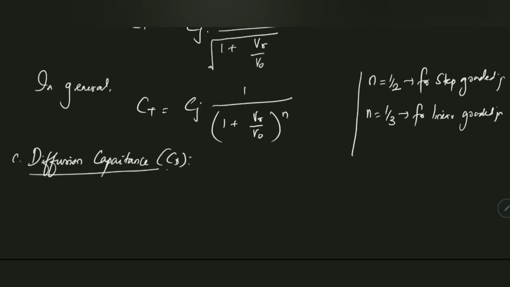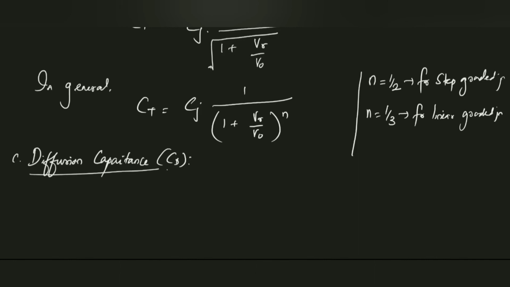In diffusion capacitance, it is usually the forward bias condition. When the PN junction is forward biased, the depletion layer will keep decreasing, and at one point it diminishes and the junction starts to conduct.